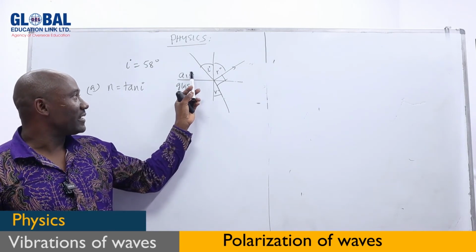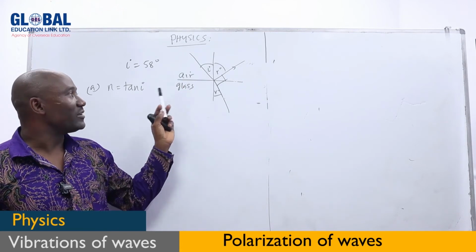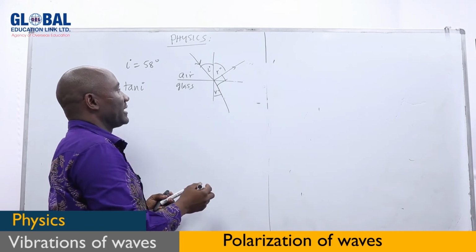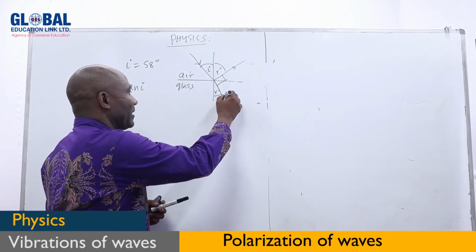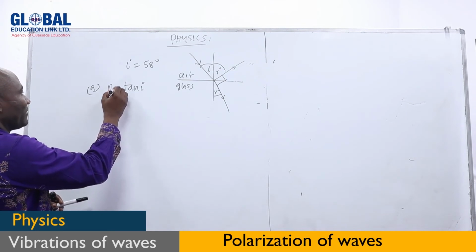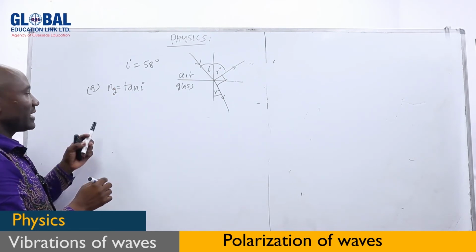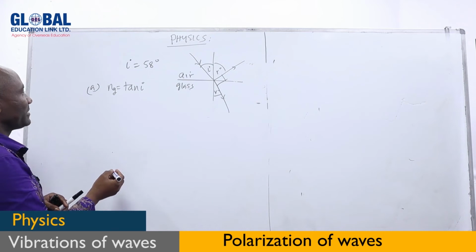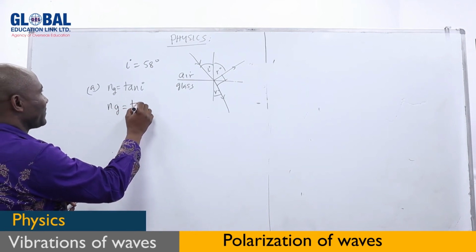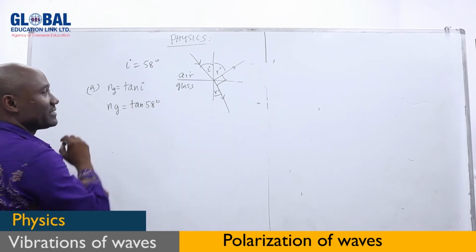Since we are not given any information about the first medium, we assume that the light was from air. And here, we are asked for the refractive index of glass. So our refractive index of glass equals the tan of that angle of incidence.